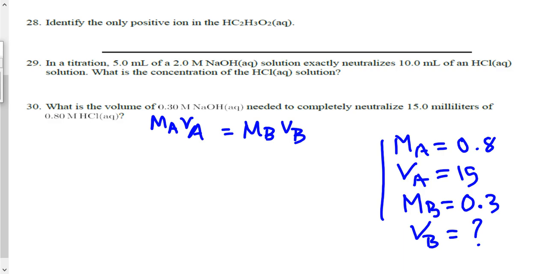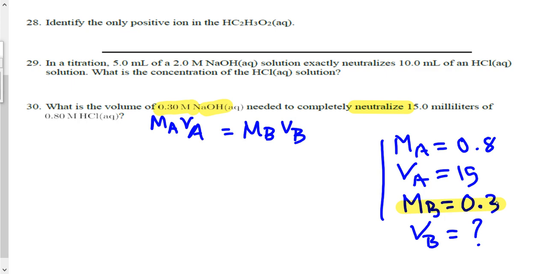For question number 30, again, look for your keyword. In this question, the keyword is neutralize. So that means we have to use the formula MAVA equals MBVB. Now that you wrote down the formula, it would be very simple to figure out the given. Here we have 0.3 M of sodium hydroxide. Again, sodium hydroxide is a base, so 0.3 would be MB.